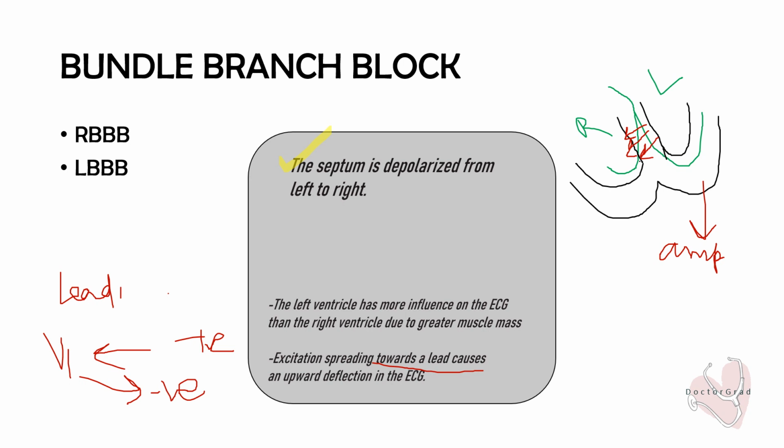When something is moving away from V1, it will definitely be going towards V6, right? So a negative deflection in V1 would be a positive deflection in V6. Hope that is clear. We'll see what that means in the coming slides.